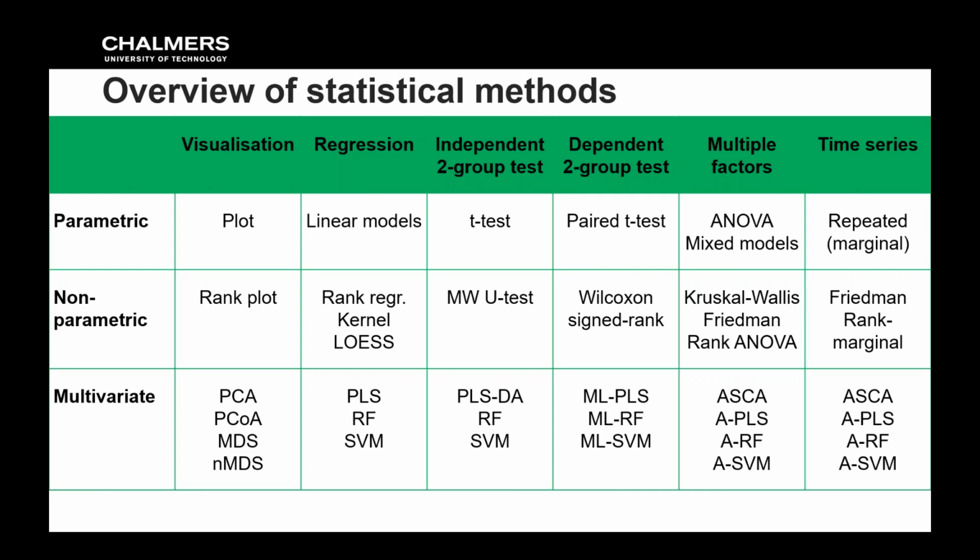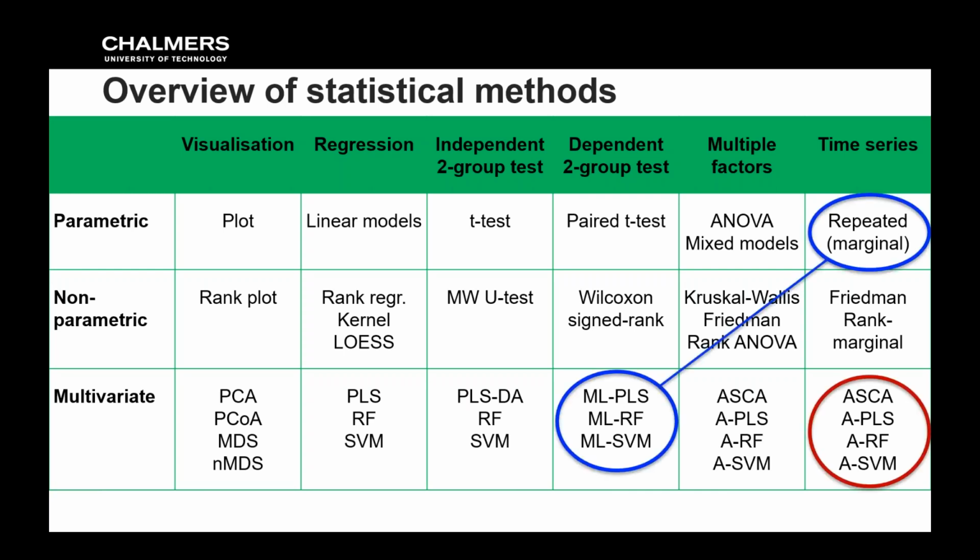For the dependent two-group test, there's a multi-level approach, and for multiple factors or time series, that's been really a problematic field. But there's the pioneering work of the ANOVA simultaneous component analysis, which is very interesting and promising.